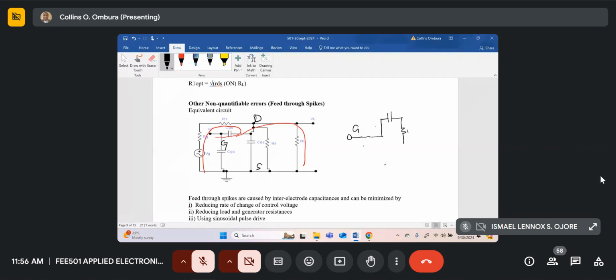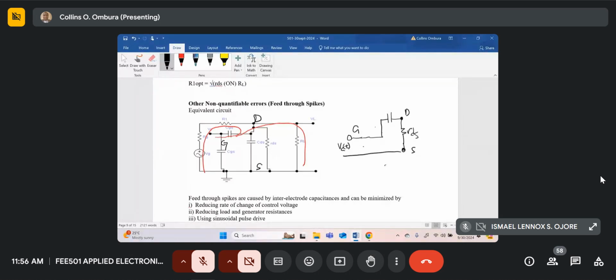And then you have your RDS. This is your drain, this is your source. Let's assume this is your VC of t, so you can get the Fourier transform to get VC of omega.